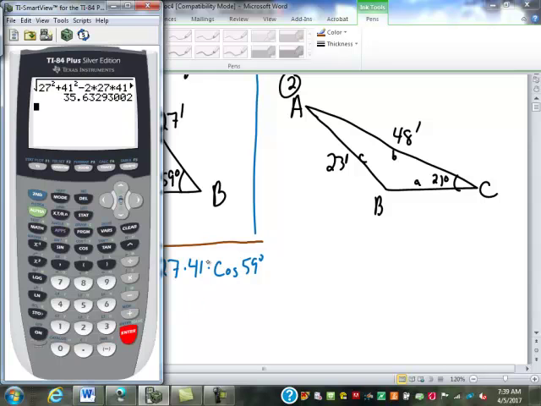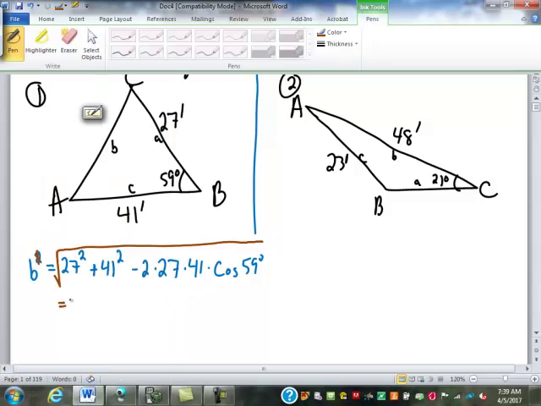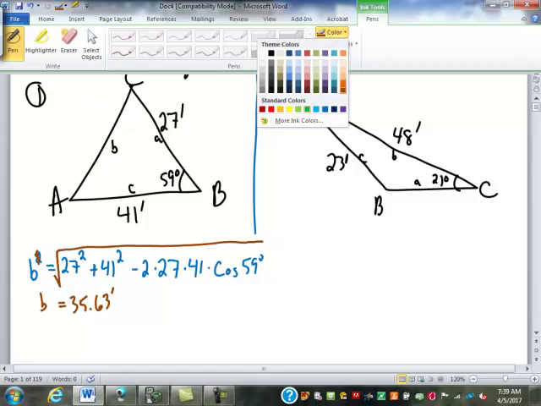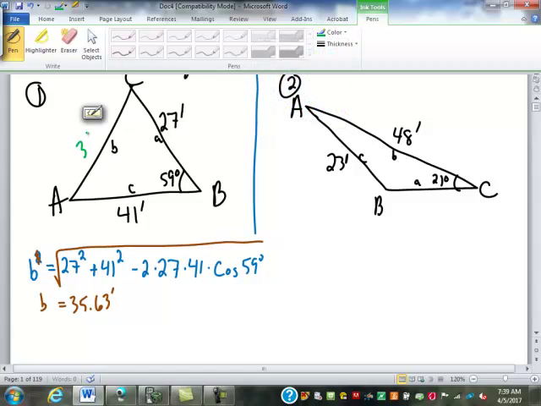I get 35.63, and that is side B. So 35.63 feet is my side B.